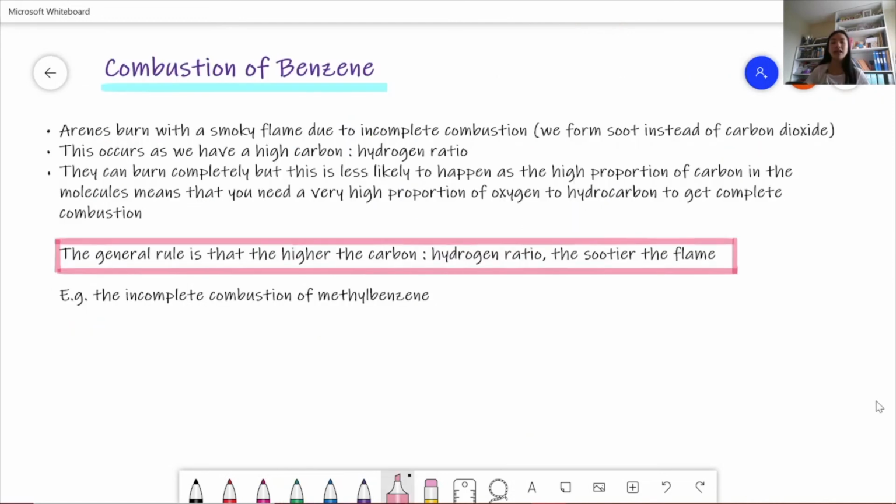So now we're going to look at the combustion of benzene. So arenes burn with a smoky flame, and this is due to incomplete combustion. And so we form soot, which is carbon solid, instead of carbon dioxide when we burn things completely with enough oxygen. And this occurs as we have a really high carbon to hydrogen ratio.